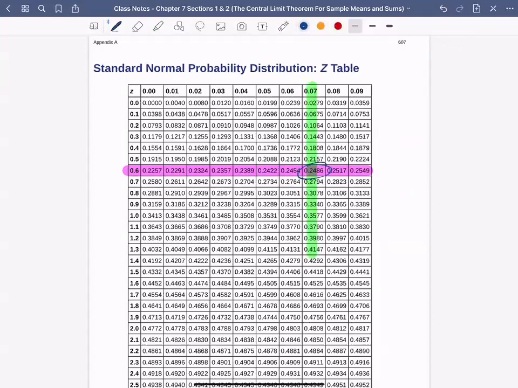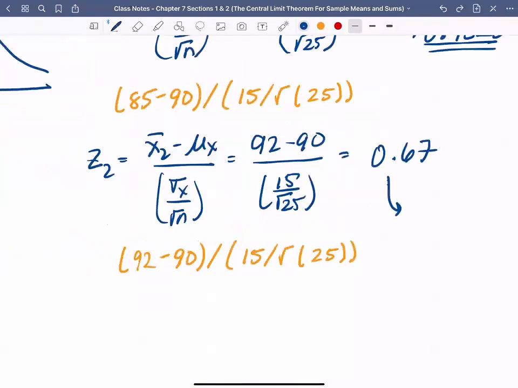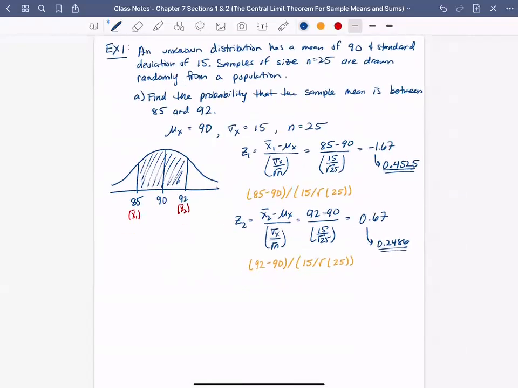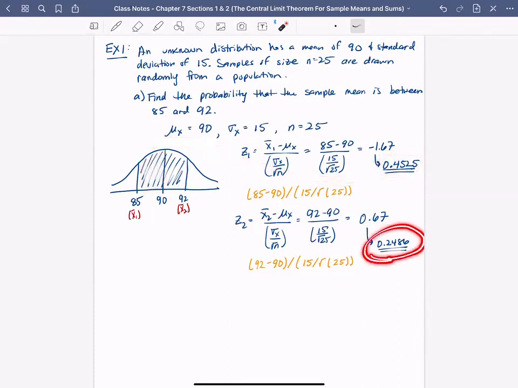So we're looking at this 0.2486. So now this 0.4525 is the probability right in here in this shaded region. And this 0.2486 is this shaded region right here.